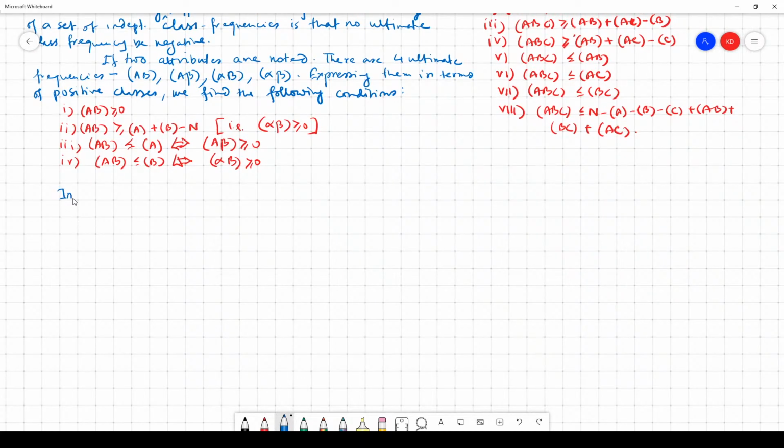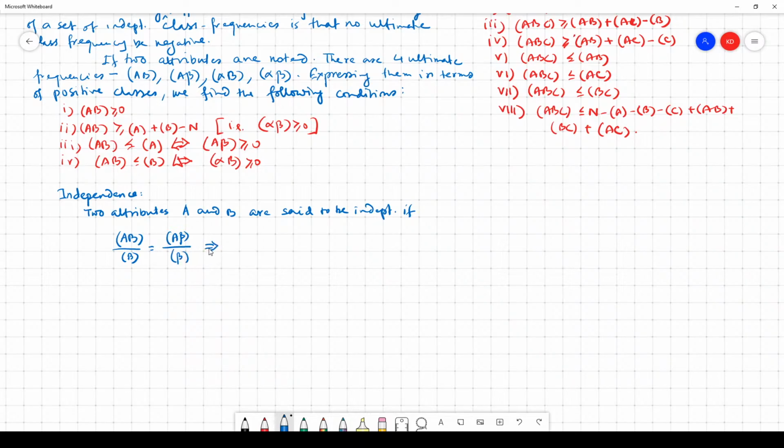Independence. Two attributes A and B are said to be independent if (AB)/B = (Aβ)/β.